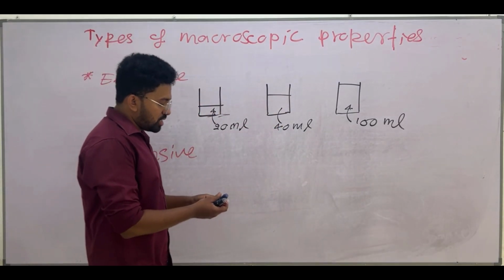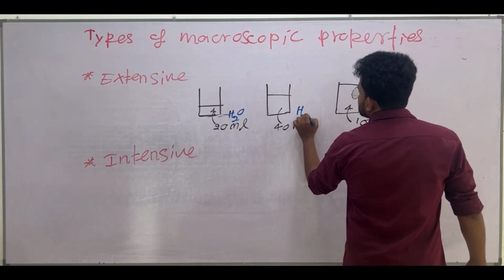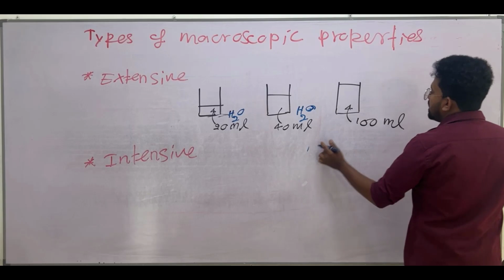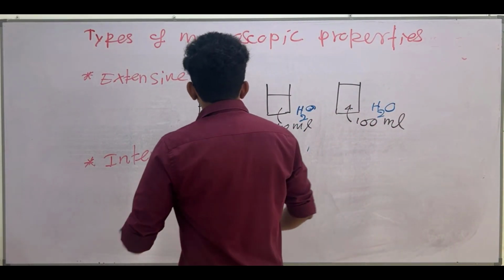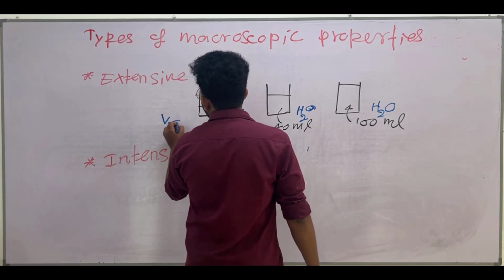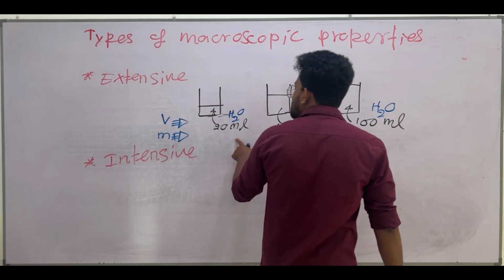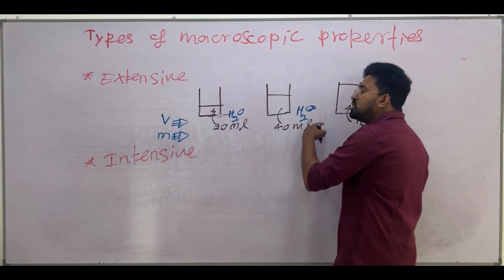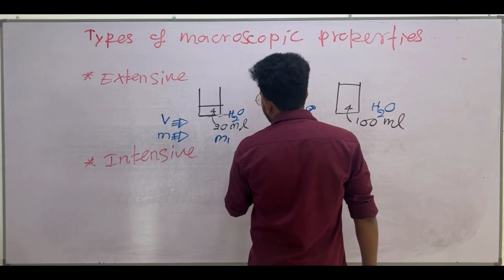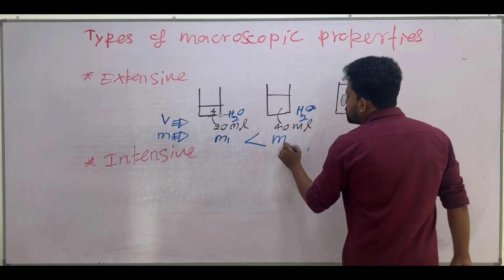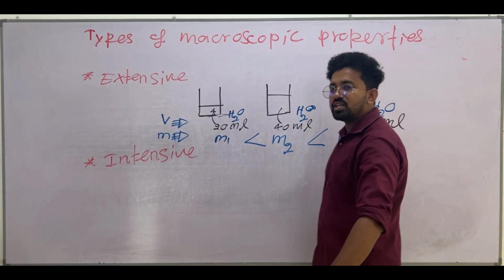If we think this is water, H2O, 20 milliliters, 40 milliliters, and 100 milliliters of H2O, we can see the volume is changed. And if we measure the mass of each of these samples, we can say that here the mass is M1, the mass is M2, which is greater than M1, and here M3, which is greater than M2.